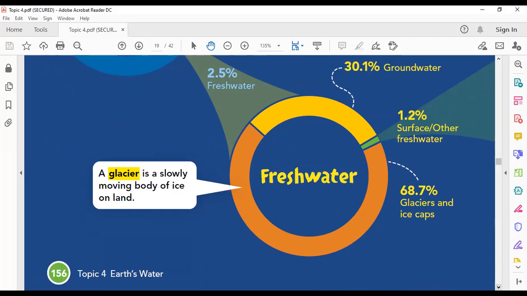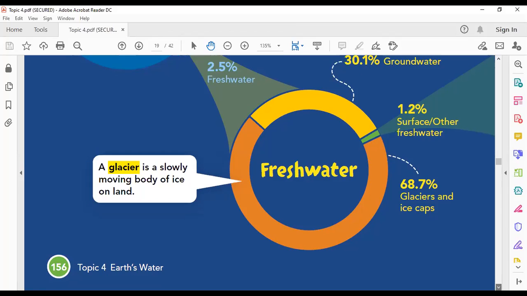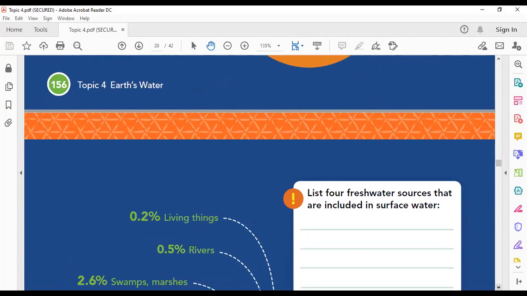For example, some sheets of glaciers are larger than Irbid. They are a very large amount of ice, and you need a large amount of energy.